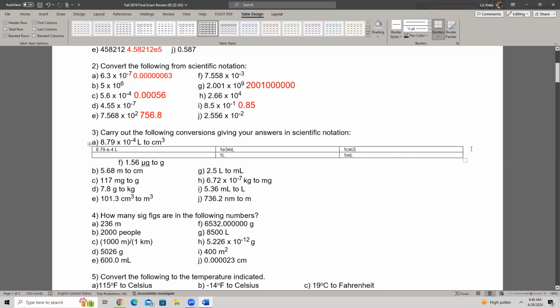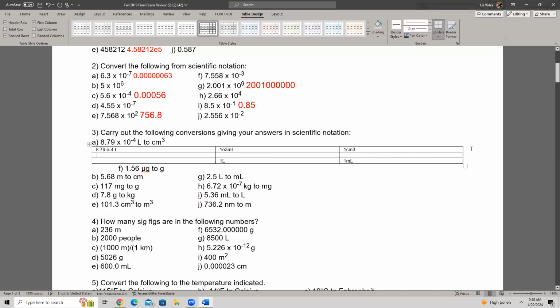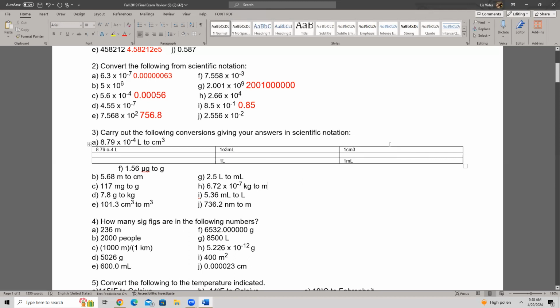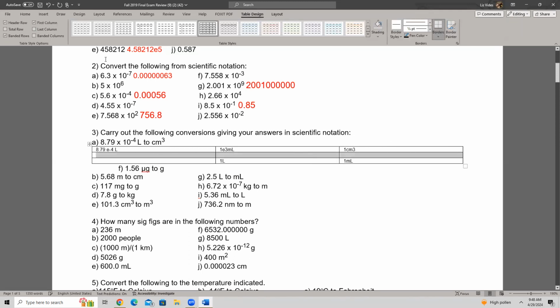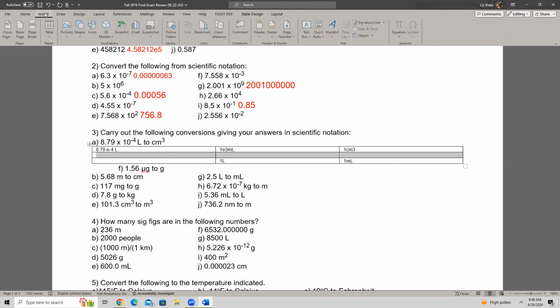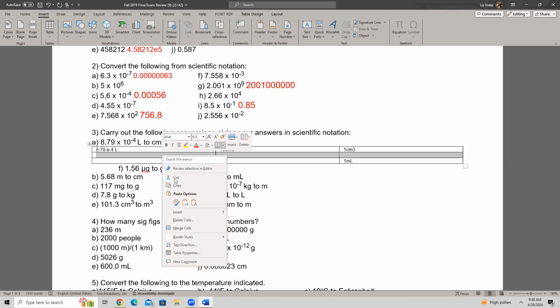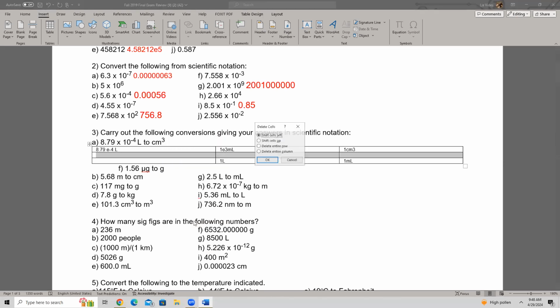So basically all we have to do now is multiply. Oops, nope, not you. I don't want you. Sorry. It inserted something I don't want. Hold on, let me uninsert it. Delete. Yes, the whole row.